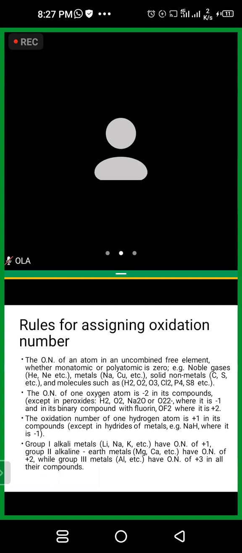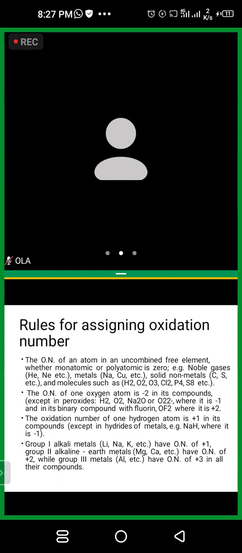Next one: the oxidation number of oxygen is -2 in its compounds, except in peroxides. What do you mean by this? Remember, oxygen needs 2 electrons to attain an octet.